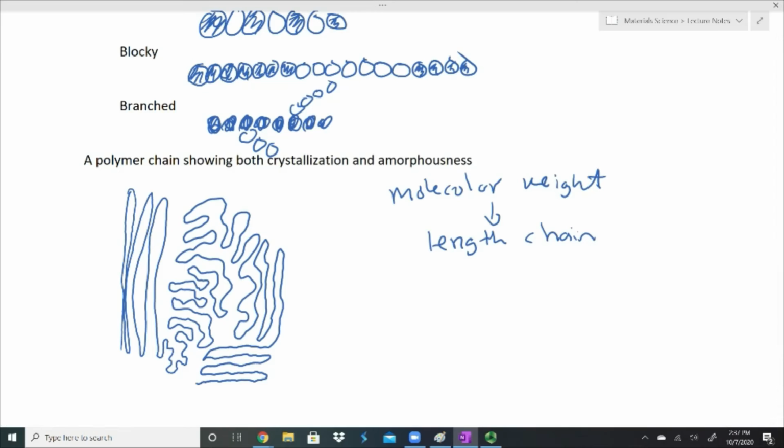So the polymer chain will weigh more. This tells us something about the strength of the material. The longer it is, the stronger it is, and the reason for that is you can see that it is really starting to get up and tangle itself. So the strength is related to entanglement.